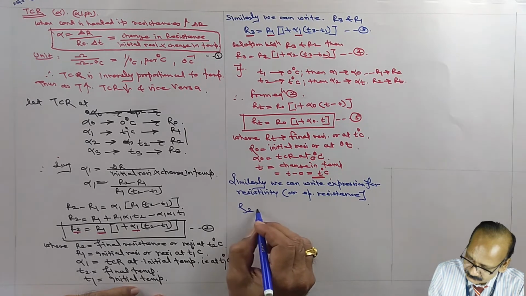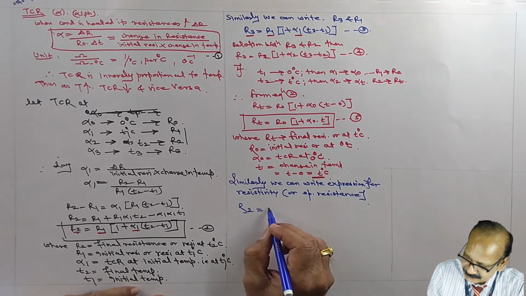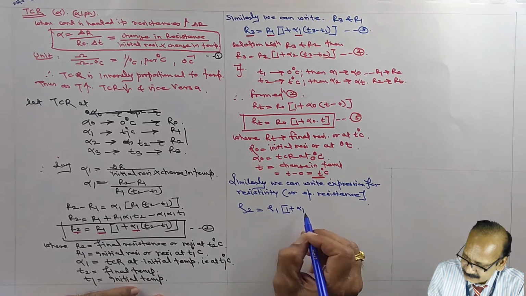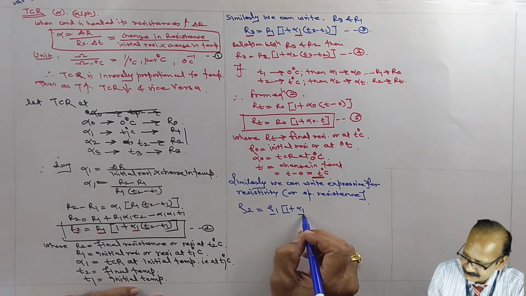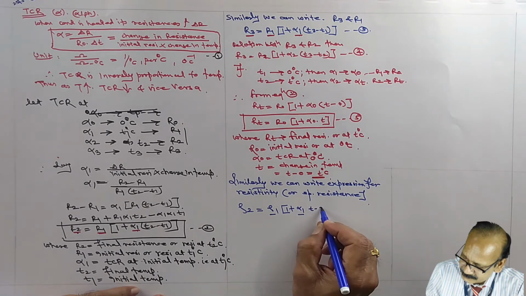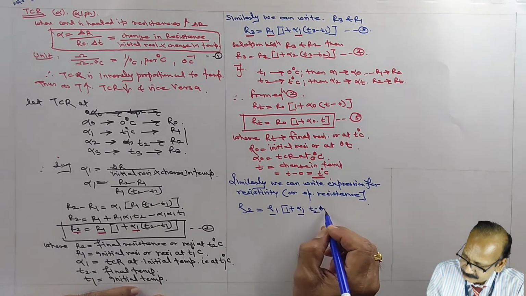Rho 2, the final resistivity, equals the initial resistivity into bracket 1 plus alpha 1, at the same temperature, T2 minus T1.